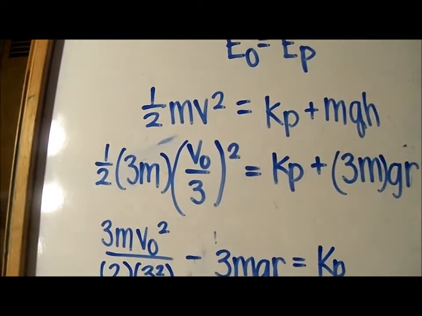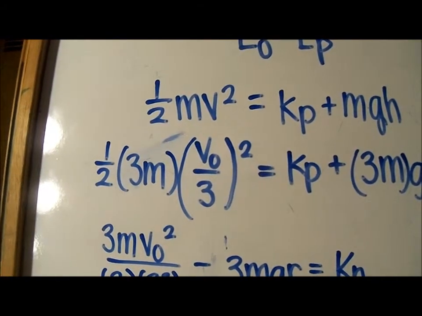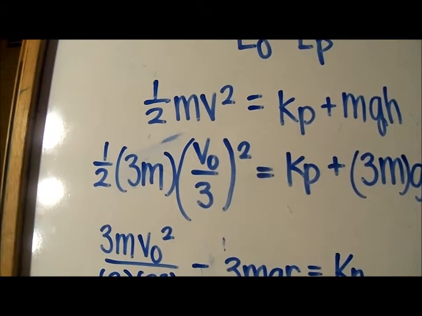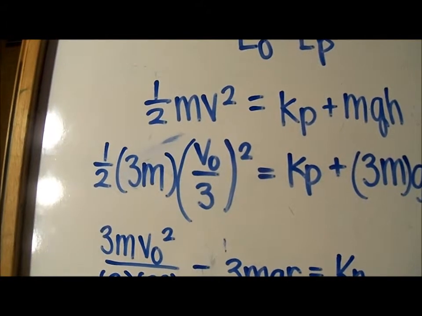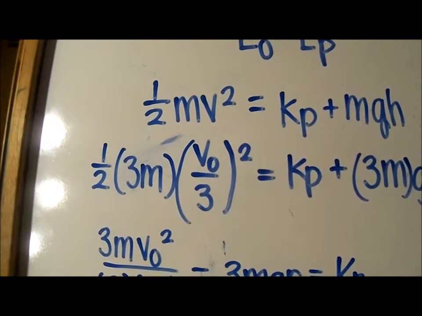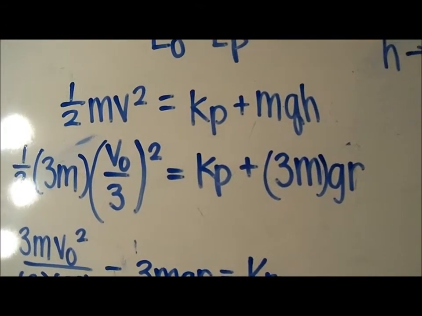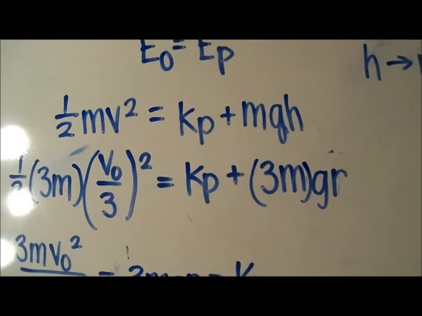So in the next step, we will substitute all our givens, and it will be 1/2 times 3m times the final velocity we found previously, which is v initial divided by 3, and then we'll square that, equals kp plus 3mgr.